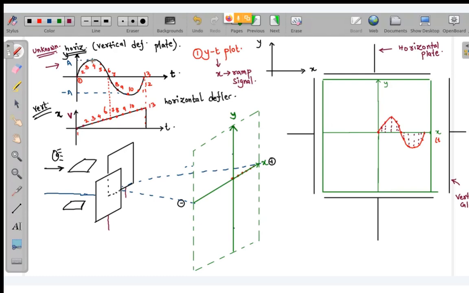Suppose this is pi by 2, this is pi by 4, this is pi by 8. The second point corresponds to pi by 8 radian. This fifth point will correspond to, I think, 3 pi by 4, and this will be pi by 4.